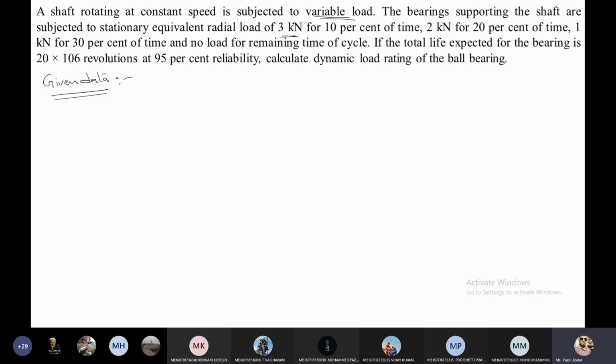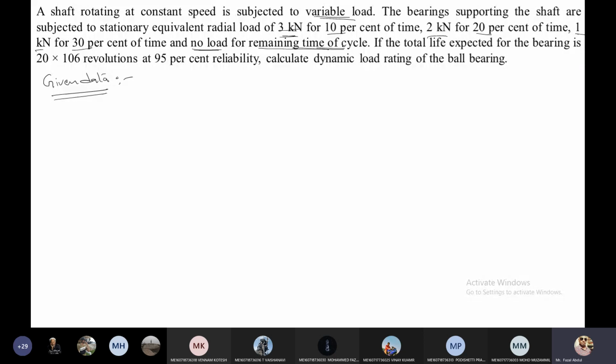See here, the static loading is given: W1 for N1, W2 for N2, W3 for N3, and W4 is 0 for the remaining time.